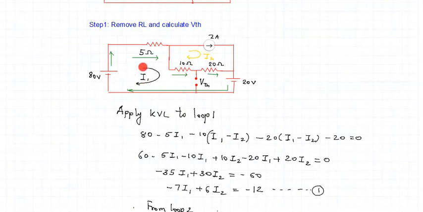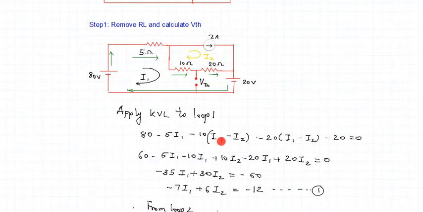Loop 1 has current I1 and loop 2 has current I2 flowing through it. The path of loop 1 is shown here. Applying KVL to this particular path, the loop equation is as shown here.